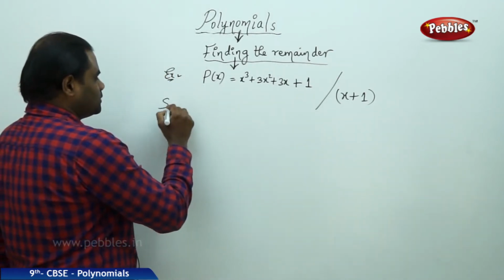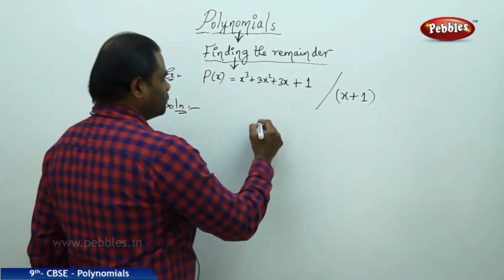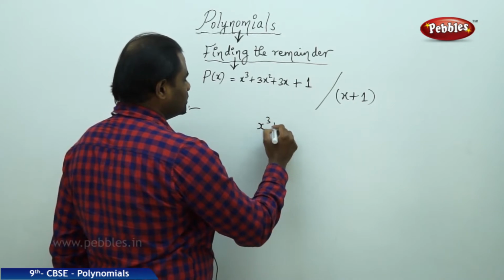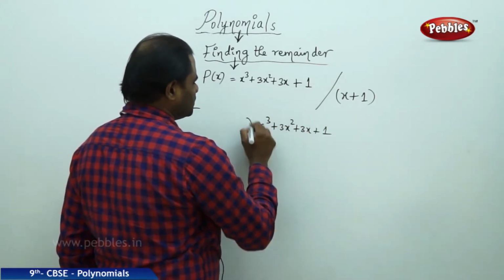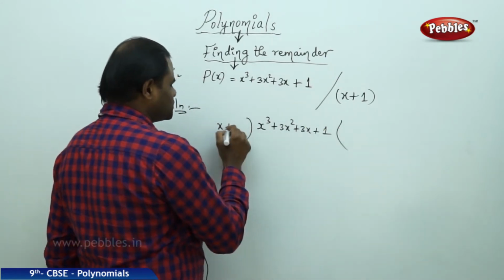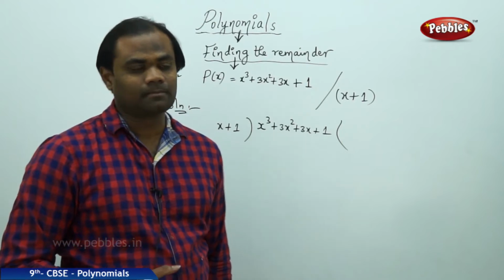As we know, in the long division method for dividing polynomials, the dividend is taken in the middle, x cubed plus 3x squared plus 3x plus 1, and the divisor is taken on the left. This is how we start the construction process.